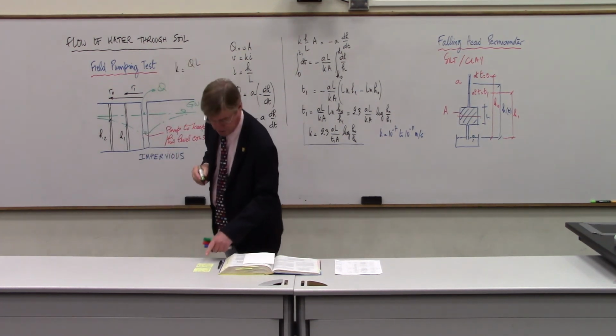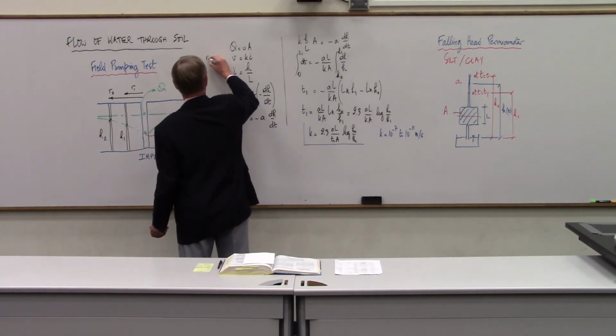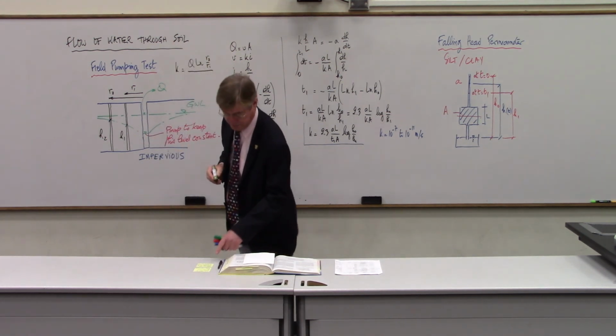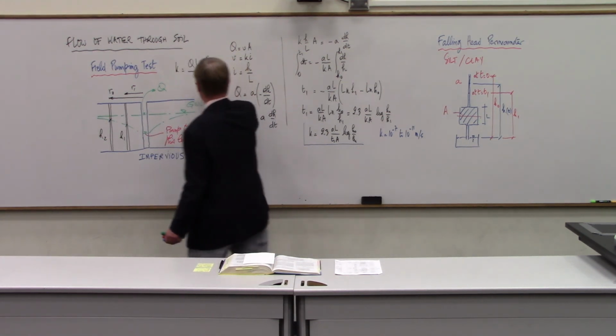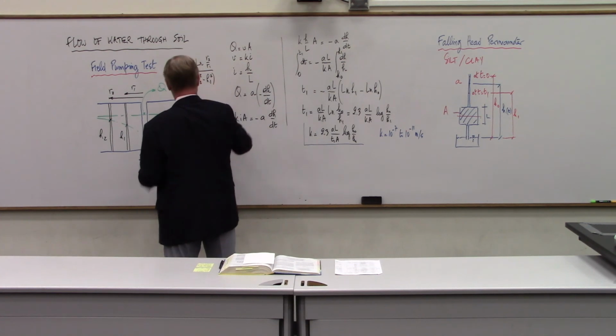Is this a natural log? Yes. So this is a natural log of R2 over R1 divided by pi times H2 squared minus H1 squared.